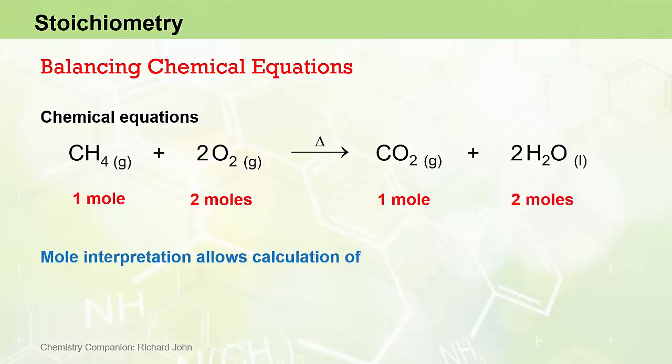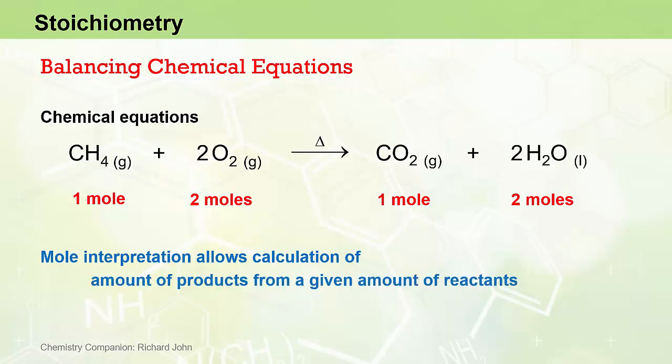And this mole interpretation of a chemical equation allows us to do some pretty useful things, like calculating the amount of products from a given amount of reactants, or calculating the amount of reactants required for a given amount of another reactant. And we will see how important this mole interpretation of chemical equations becomes in later videos.